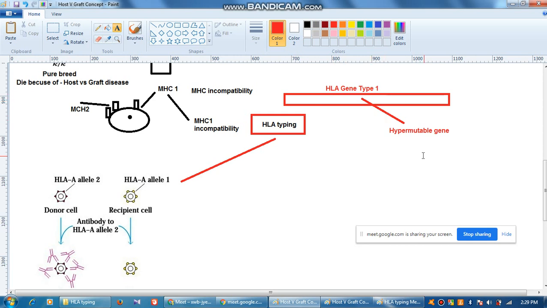This is why this kind of genes are also called hypermutable genes. Meaning what? Meaning in this kind of genes random mutations take place, which is not seen in all other genes of human being and all other animals as well. Okay, so this kind of genes are hypermutable and therefore there are plenty of alleles.